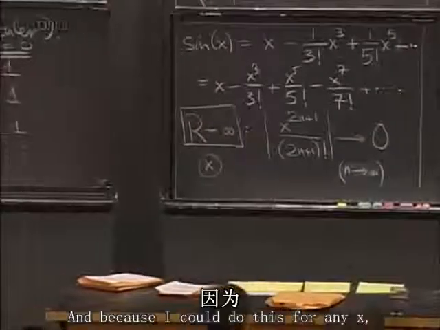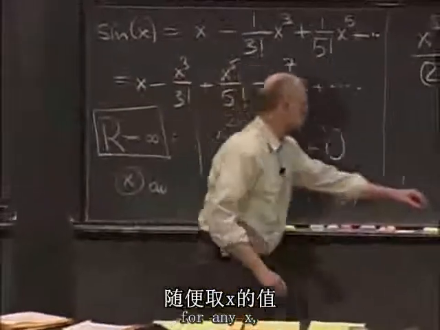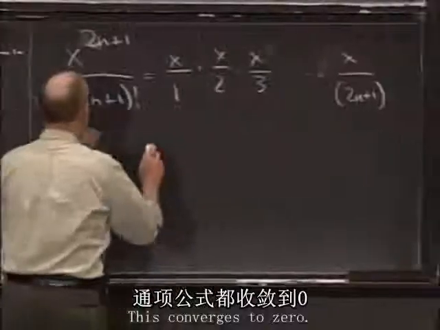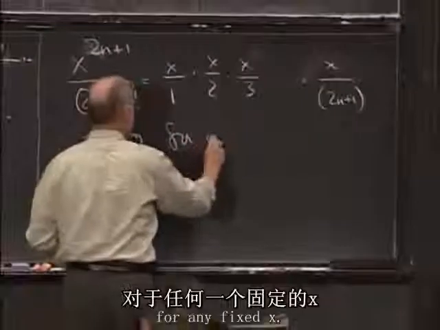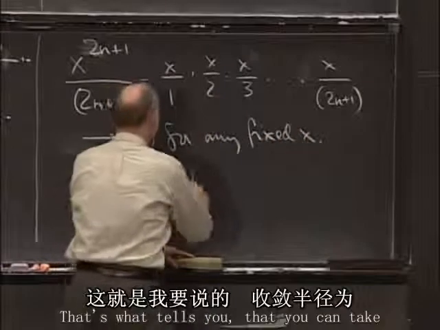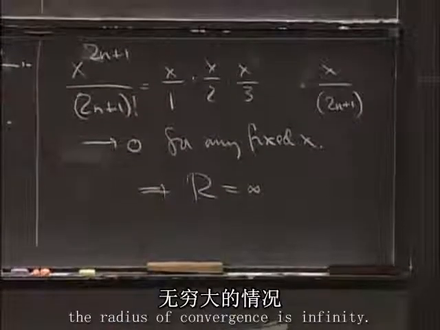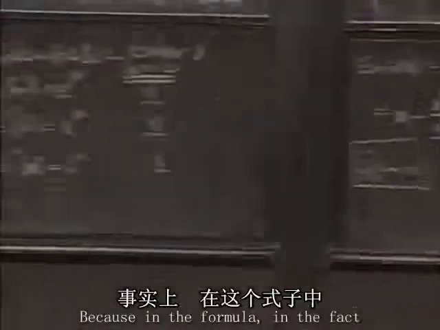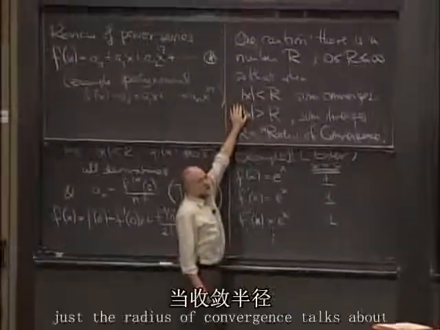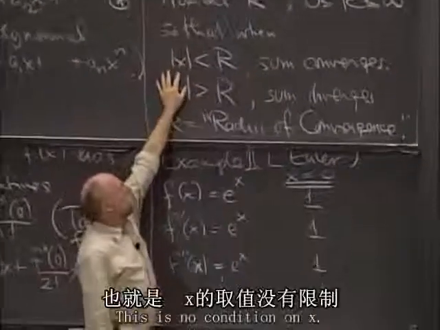And because I could do this for any x, this works. This converges to 0 for any fixed x. That's what tells you that the radius of convergence is infinity, because in the formula, this property that the radius of convergence talks about, if R is equal to infinity, is no condition on x.